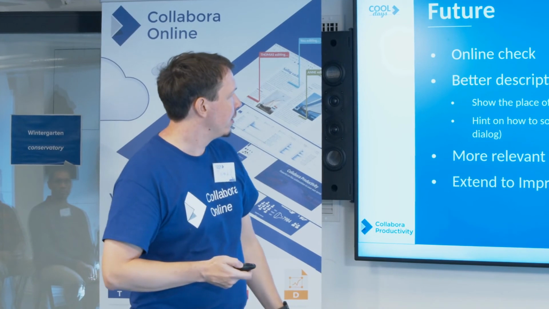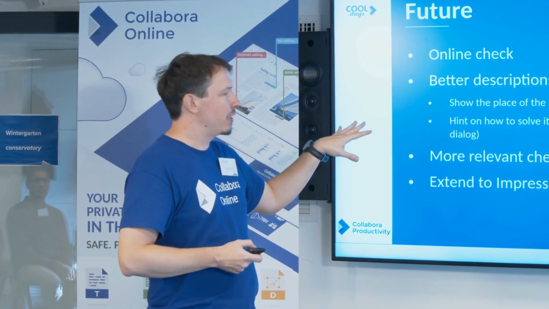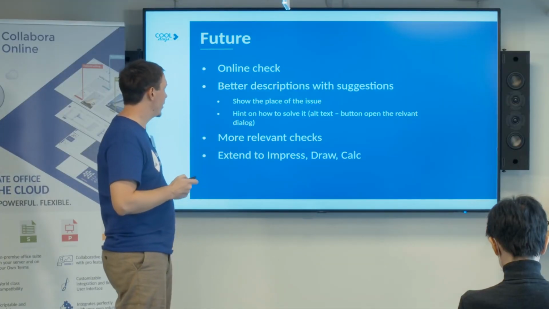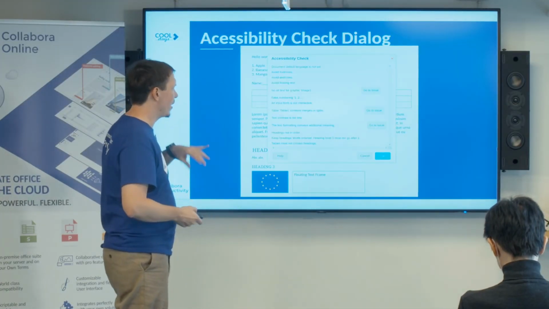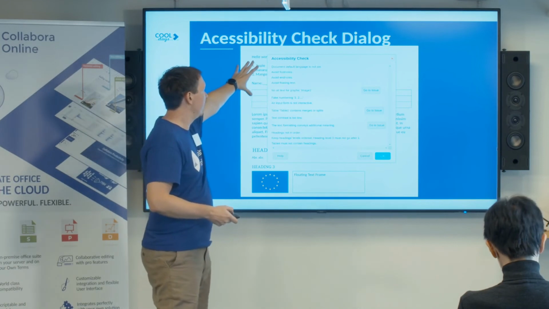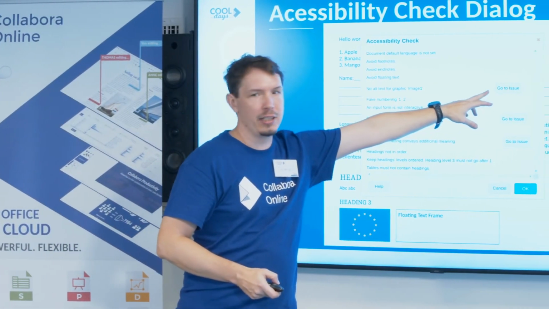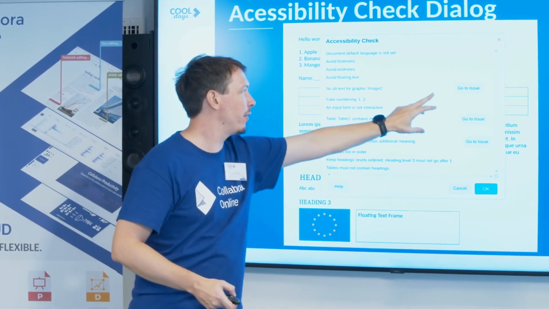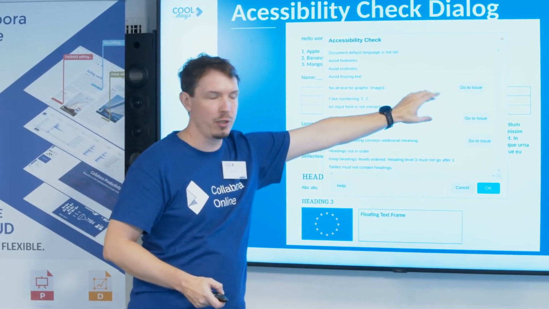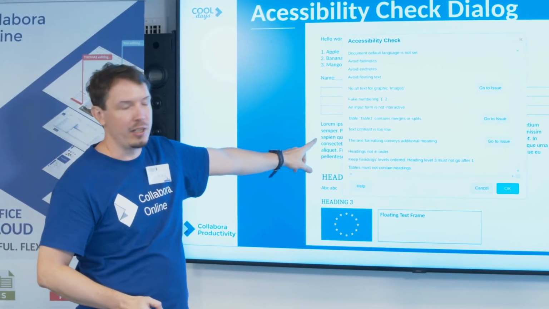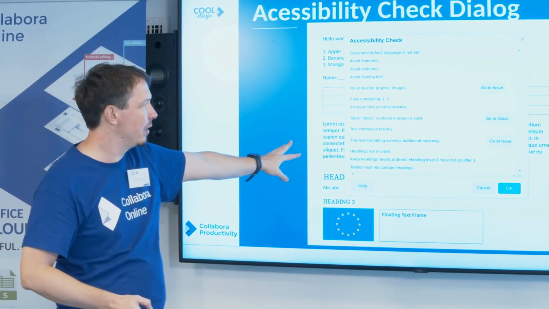Next, and this is not so ideal yet, are better descriptions with suggestions. Here this is currently done, and as you can see, not all issues have the go-to-issue buttons, which, when you click them, show you inside the text where the issue is present.